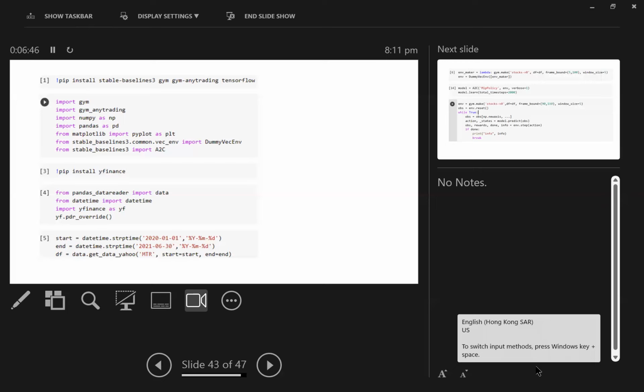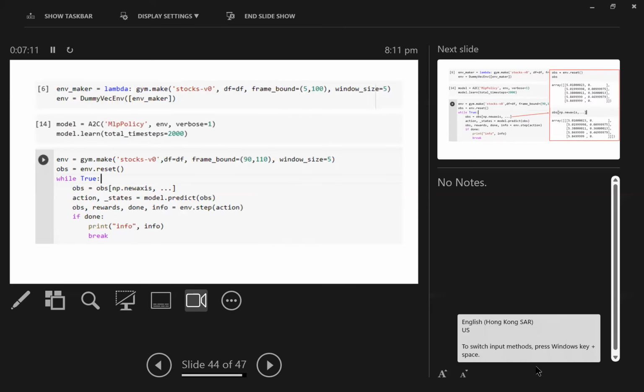Of course we cannot get into the heart of A2C, so we cannot discuss how it makes use of it, but what we need is to tell A2C the basic environment we need to use in this execution.